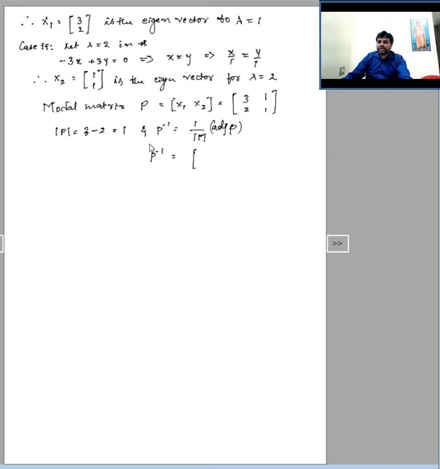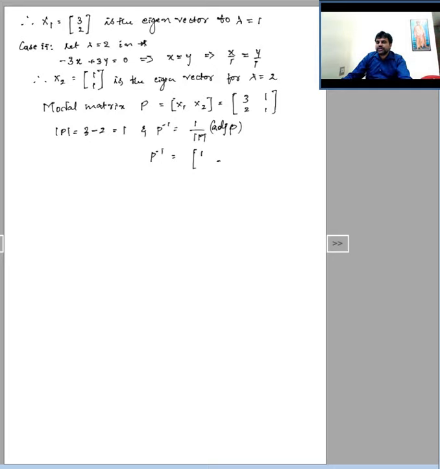Now 1 by det P value is 1. Adjoint P is nothing but: interchange the diagonal elements, so 3, 1 becomes 1, 3, and the non-diagonal elements will be multiplied by negatives.